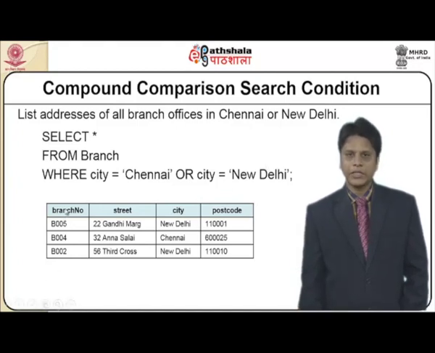So the result of this particular table would be branch number, street, city, postal code. But the refinement is defined very specifically as either Chennai or New Delhi. So if you look at this column value alone, it will be either New Delhi or Chennai, for which all the other records will be highlighted.